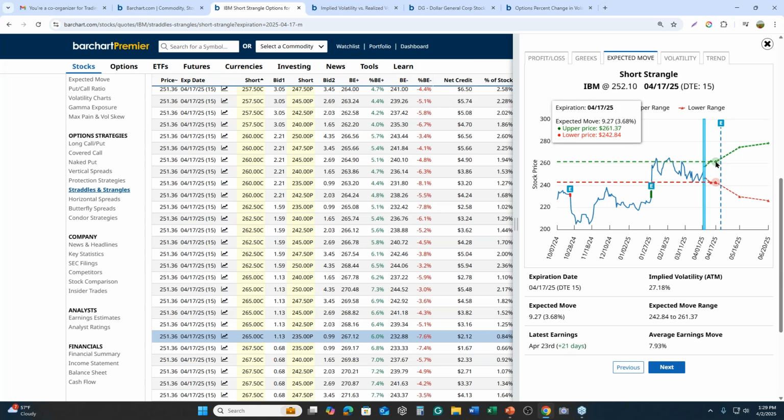And that range is 242.84 to 261.37. The expected implied volatility move for this particular option is inside of our strangle. Again, a higher probability of success.